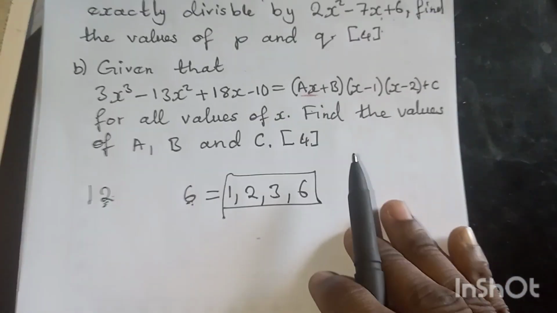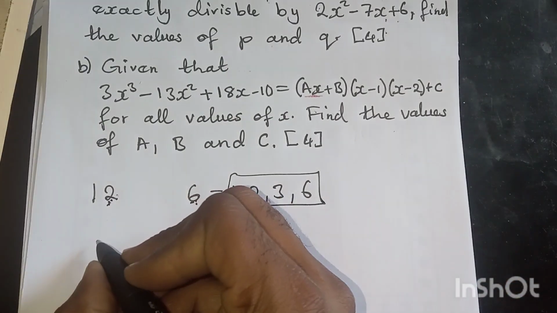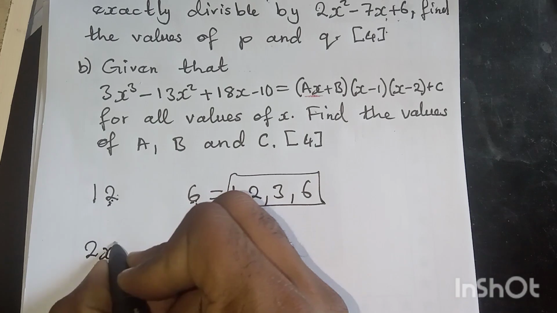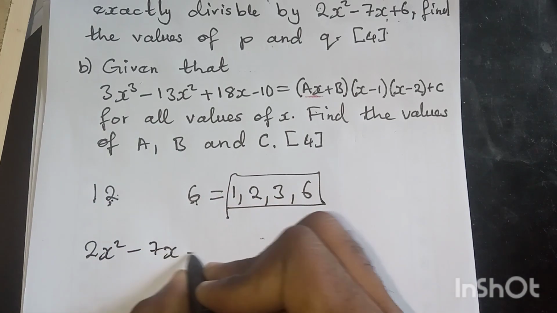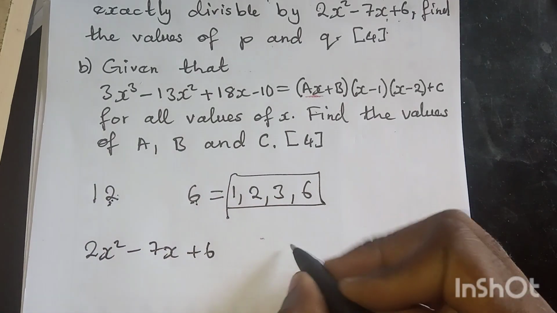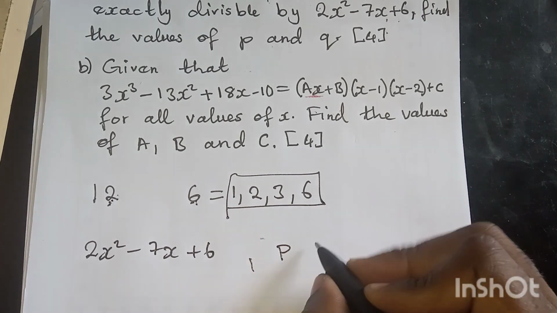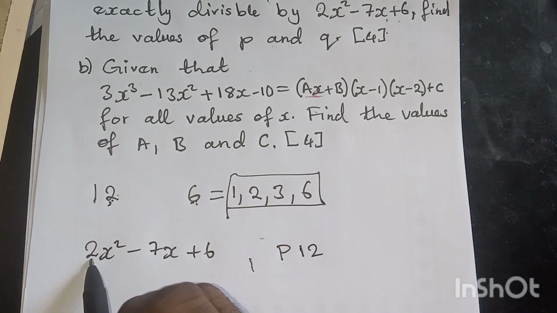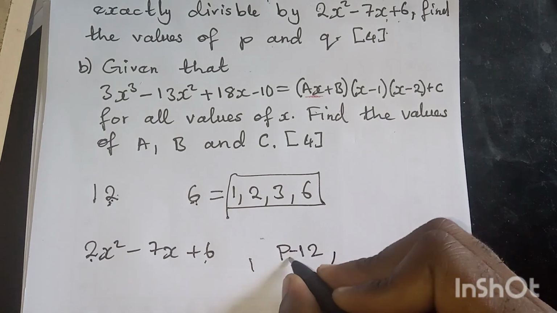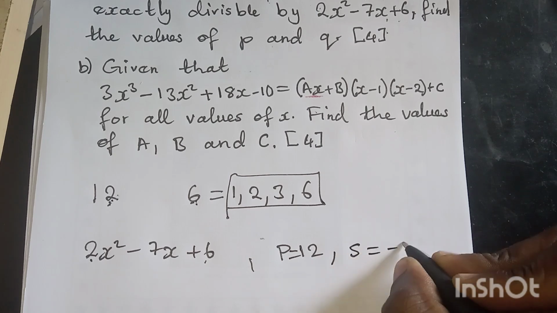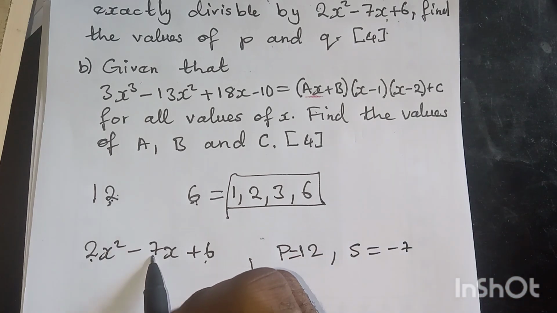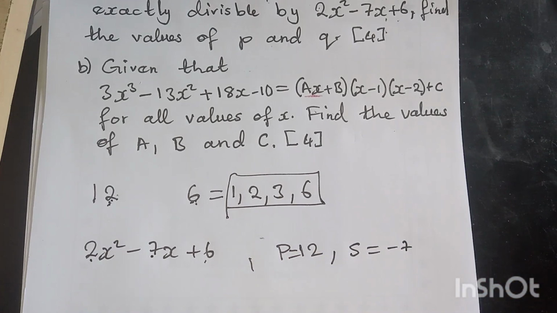So we have 2x squared minus 7x plus 6. The product is 12, 2 multiplied by 6. And then the sum is minus 7, the b there, or the coefficient of x.